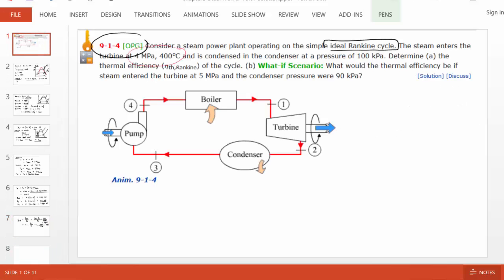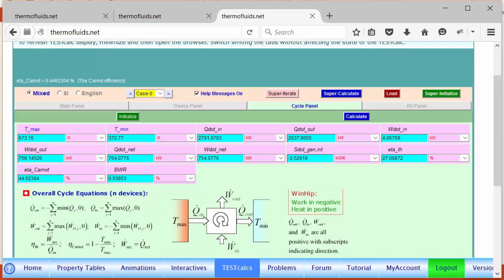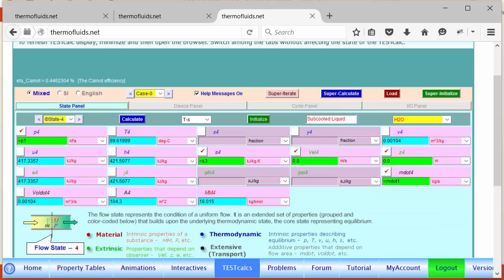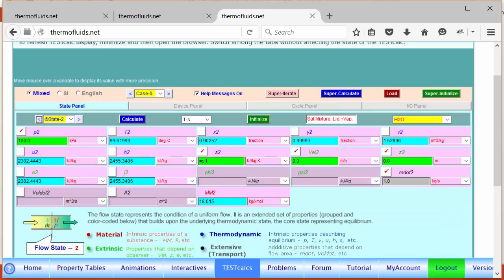Now let's take a look at the what if scenario. What would be the thermal efficiency if steam entered the turbine at 5 MPa and the condenser pressure was 90 kPa? In other words, we are increasing the boiler pressure and reducing the condenser pressure. Solving such a problem is really a piece of cake if you're using TEST, and a what if scenario is meant to be tackled with the software.